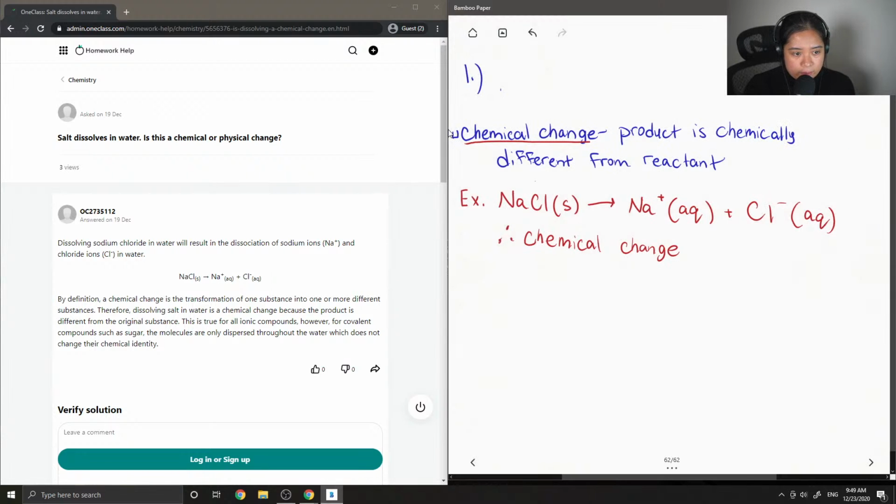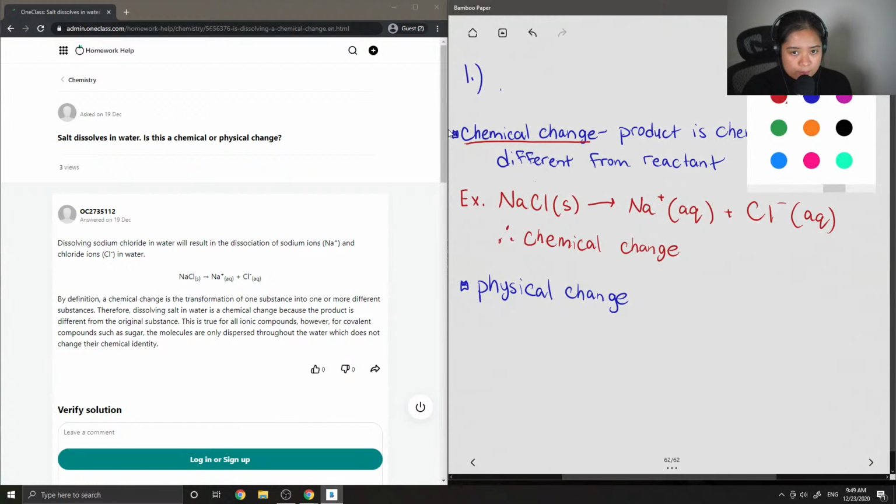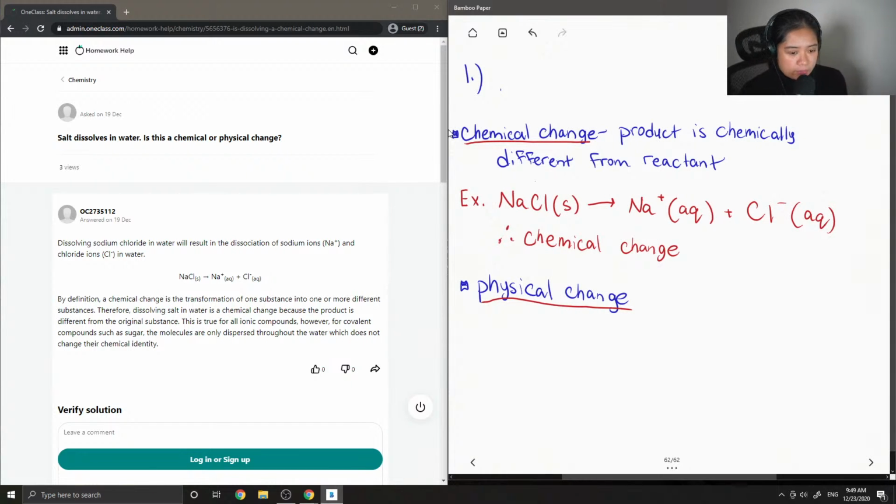And we can show the opposite of a chemical change, which is a physical change. So this is when there is no chemical change for the reactant. So an example of this is, let's say we had liquid water and we just heated it up and we get H2O gas.